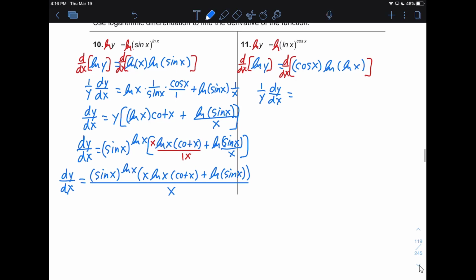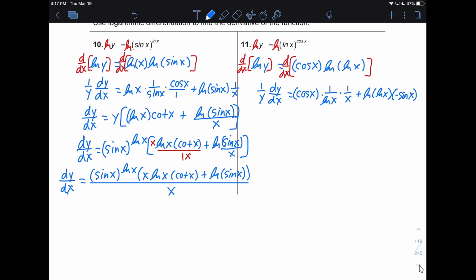So it's the first function, cosine of x, times the derivative of the second, which would be 1 over ln x, and then times the derivative of the inside function, 1 over x, and then plus the second function, ln of x, times the derivative of the first, which will be negative sine of x.